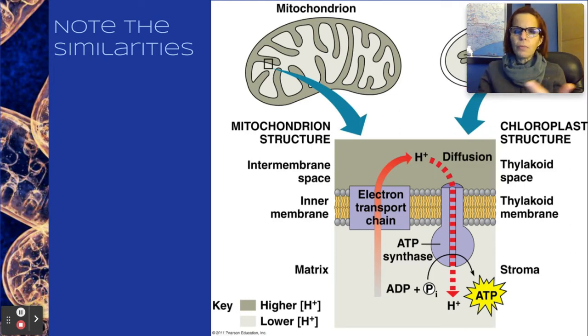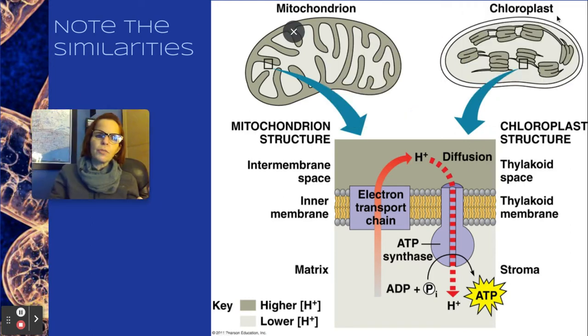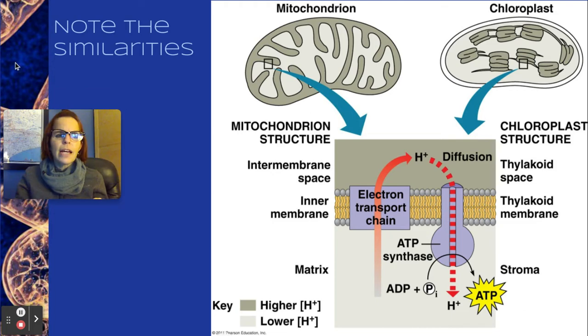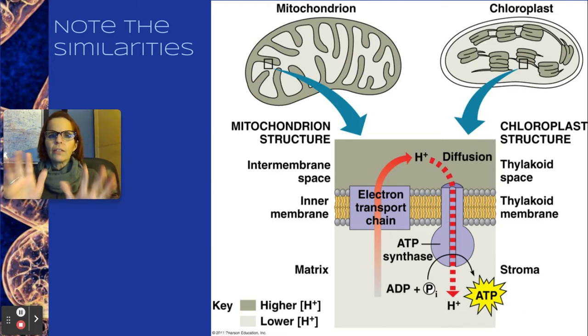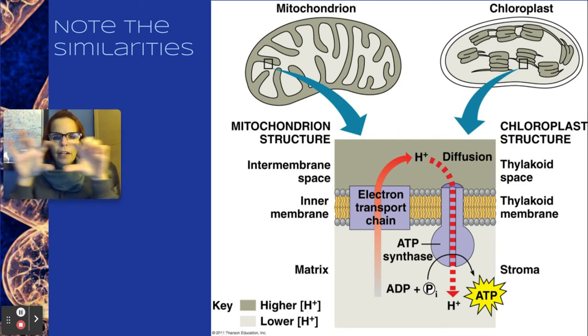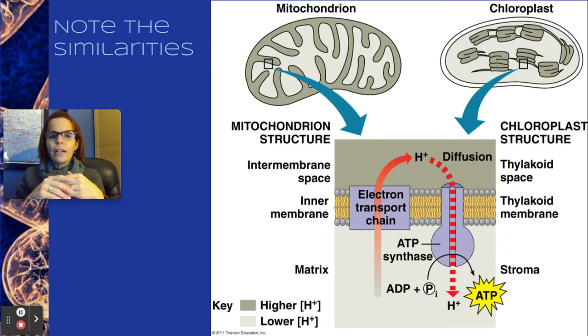So a couple of things that I want you to see. I love this diagram because I think it's really helpful to show the similarities. I mentioned that you've seen ATP synthase before. So just take a look. Mitochondria on the left, chloroplast on the right. The dark area in the diagram below is the intermembrane space in the mitochondria. It's the thylakoid space in the chloroplast.